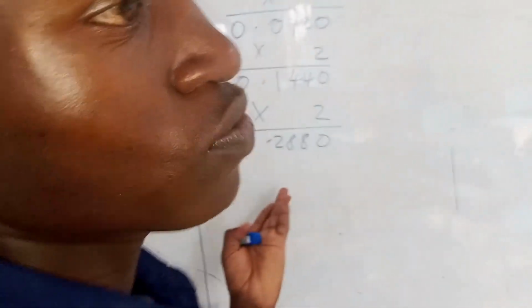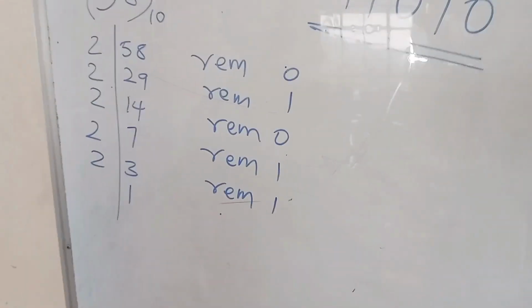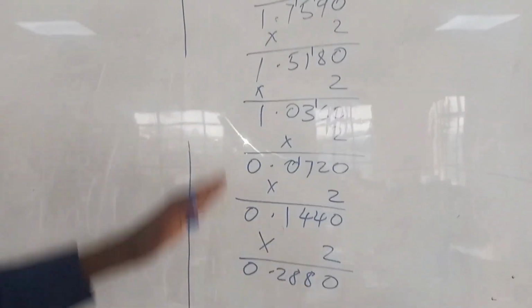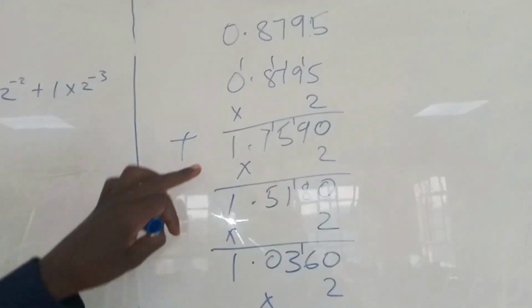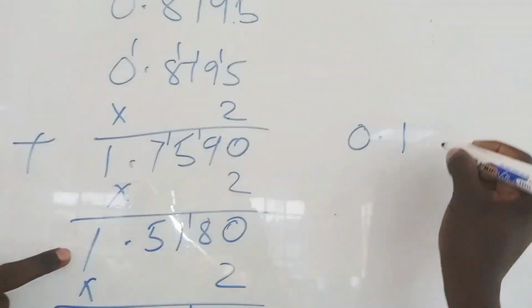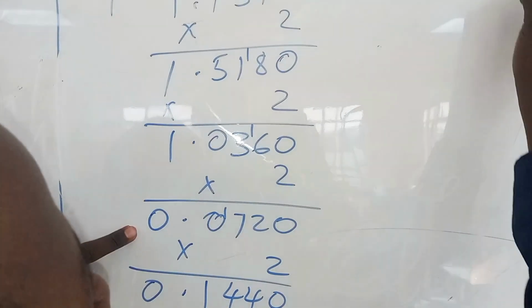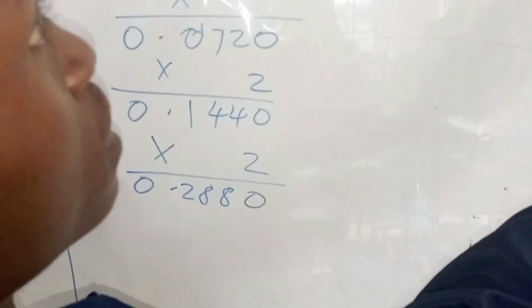So this one, I will clarify on this. On the other side, we say that you write from the bottom upwards. But on this side, you write just the way they follow, so downwards. And we started with this one. So we have 0 point, we have 1, we have 1, we have 1, we have 0, we have 0, we have 0.